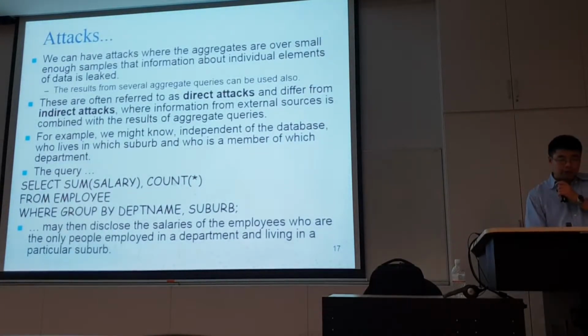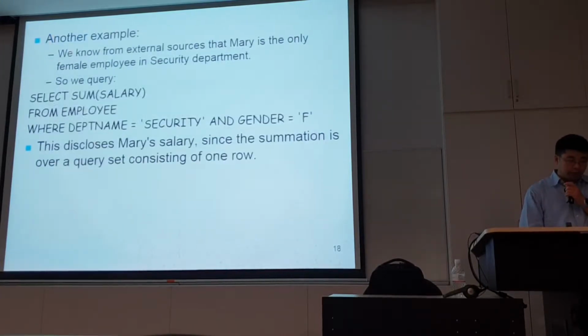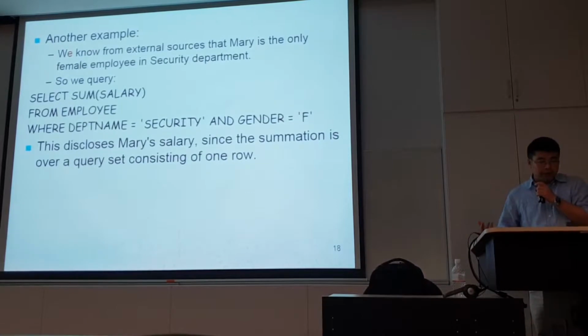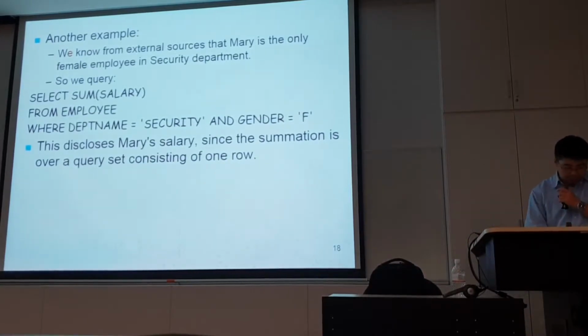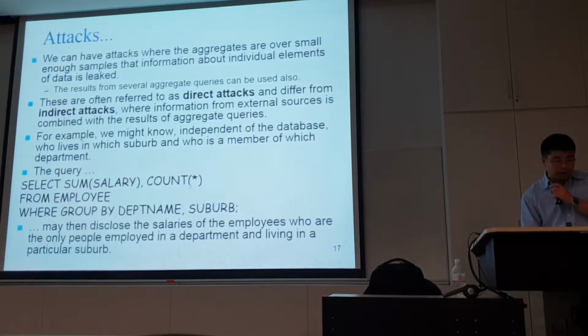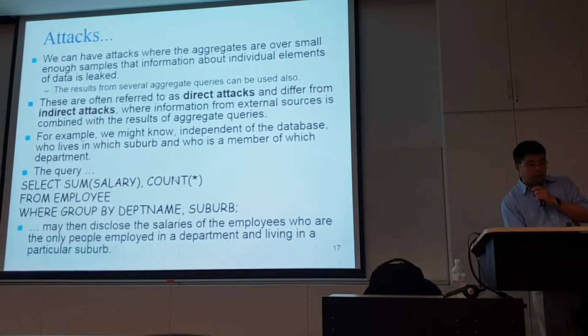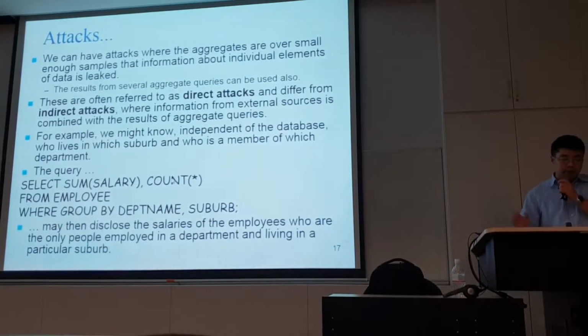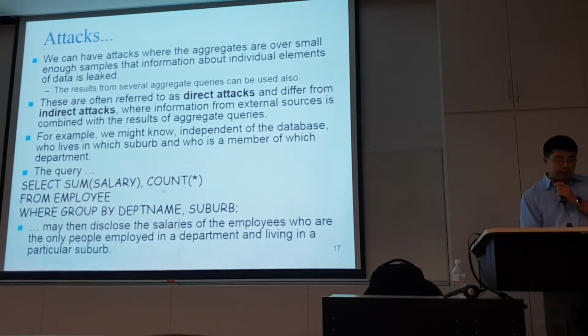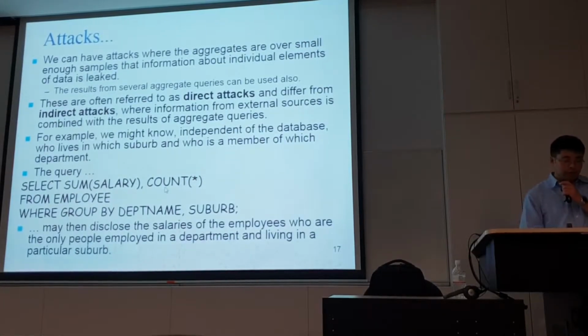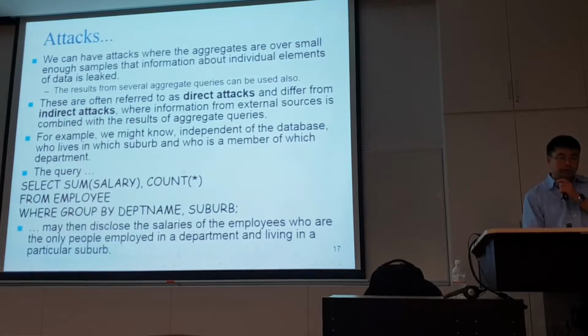This count tells you this is the only record that can satisfy the query. In the previous case, you use an indirect attack because you don't know the external information, so you use the count to identify there is only one person. Then you can know the salary of that person by querying the sum.